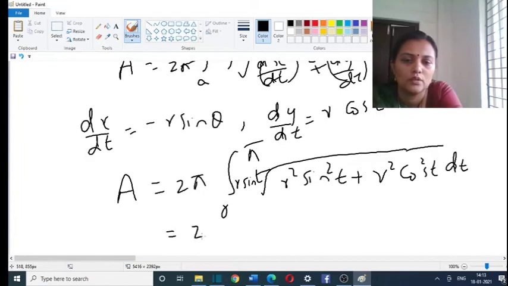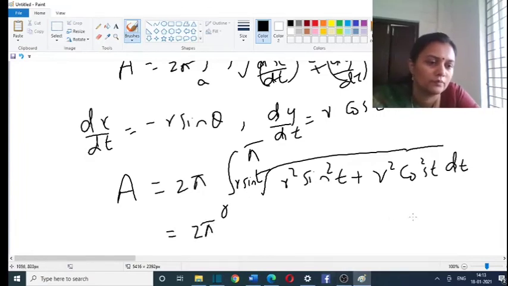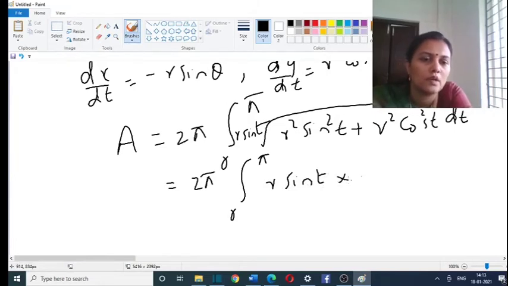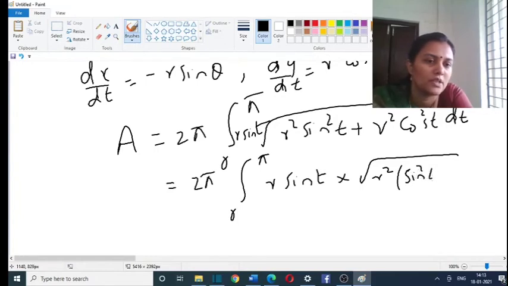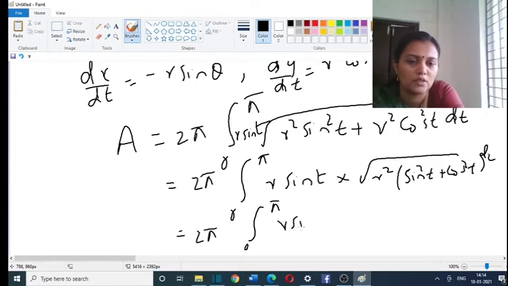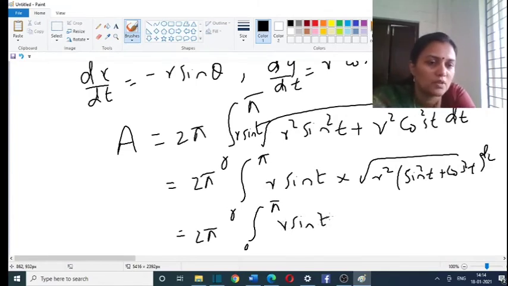which is equal to 2 pi into integral 0 to pi r sin t into root of r square, we can take outside, then this will be sin square t plus cos square t dt, which is equal to 2 pi integral 0 to pi r sin t into, sin square t plus cos square t is 1, square root of r square is r.